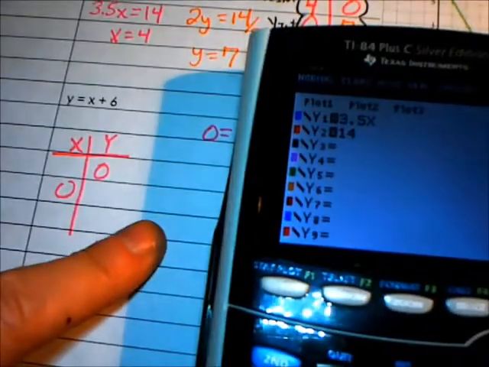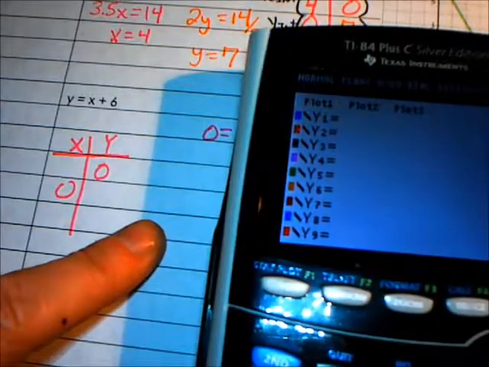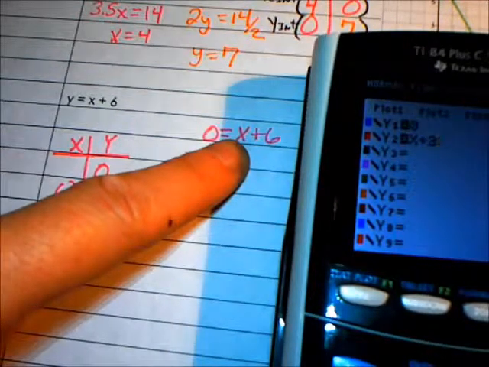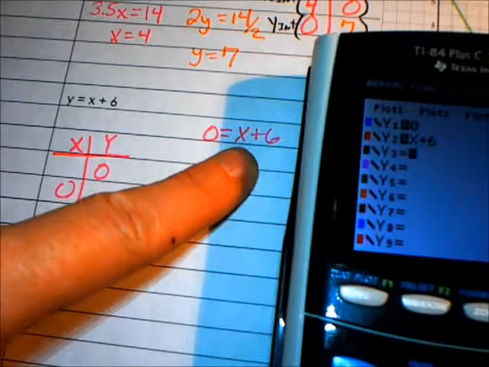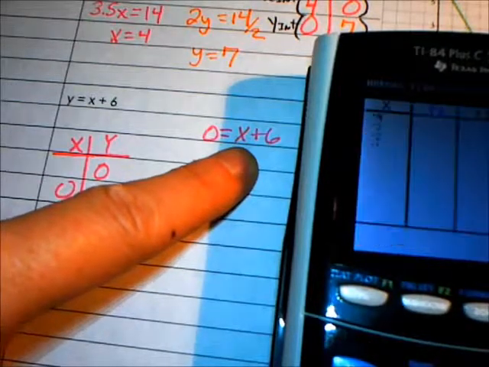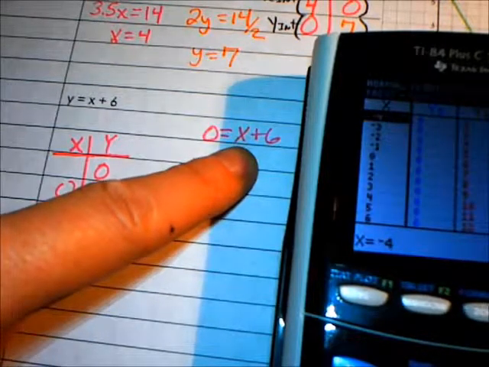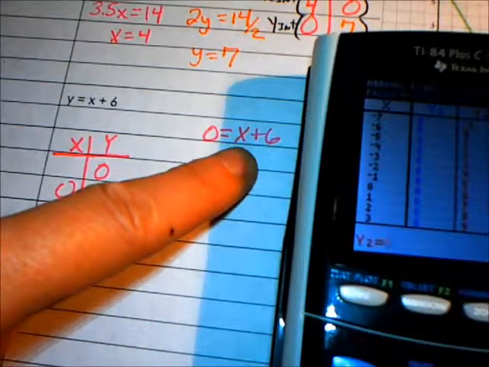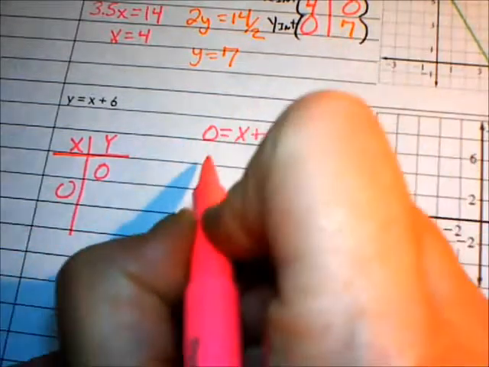Well, if that looks scary, you can still go to your calculator and type in a 0 for the left side and x plus 6 for the right side, and then go to where your table equals 0. Here we go. I have zeros on both of those, my answer should be -6.